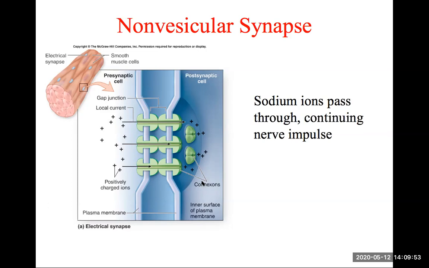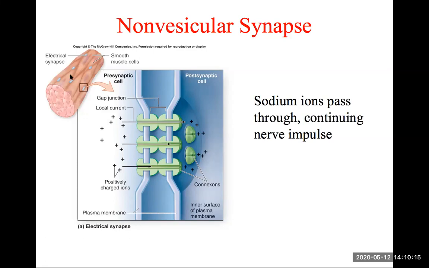So in this case, we have an action potential traveling cell to cell without a neurotransmitter. That's important. This kind of synapse can be referred to as non-vesicular, meaning there's no vesicle, there's no neurotransmitter, or an electrical synapse.